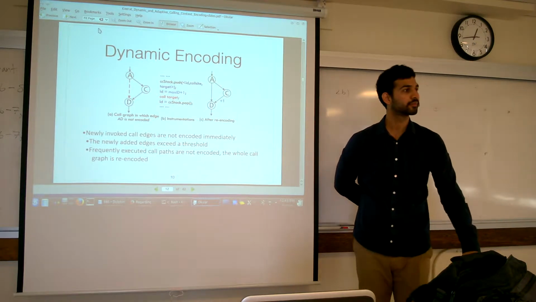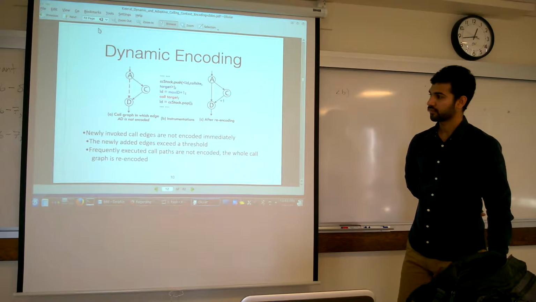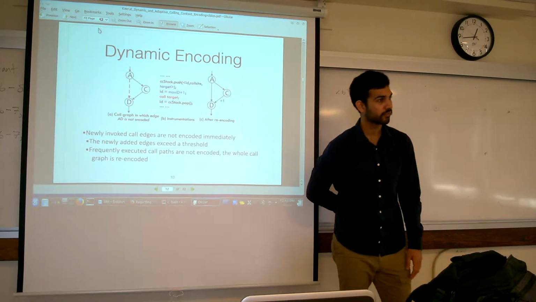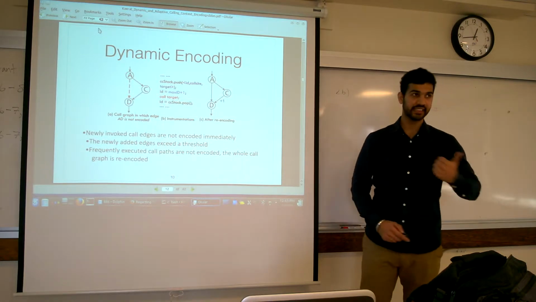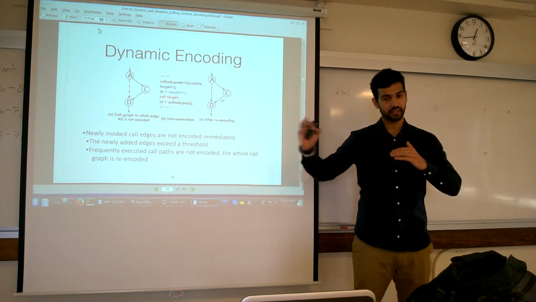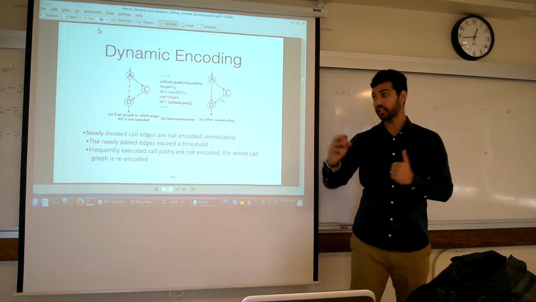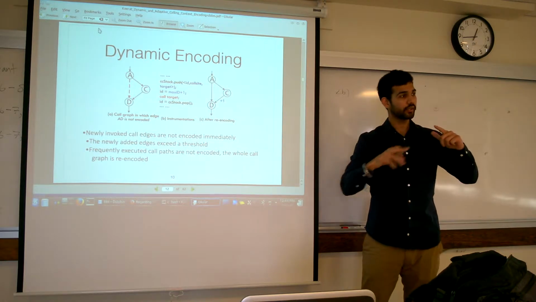What's the difference between the two points? Newly added edges exceed the threshold, so the newly added edge is getting used a lot. No, it says newly added edges. So if a function is calling some others, then there are calls after that. Like A is calling B, D is calling E, then it's calling F. So you're adding new edges to it.